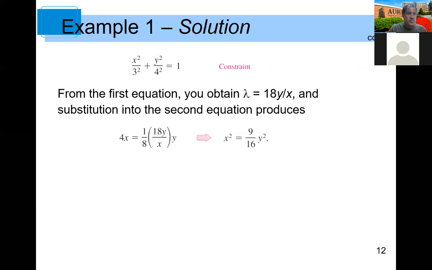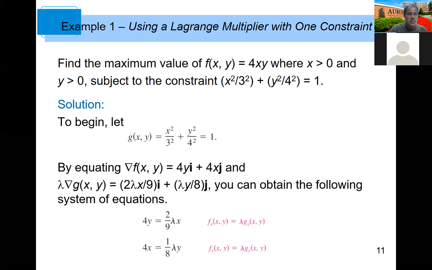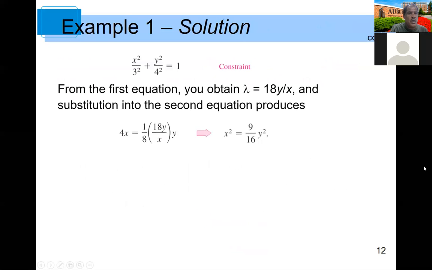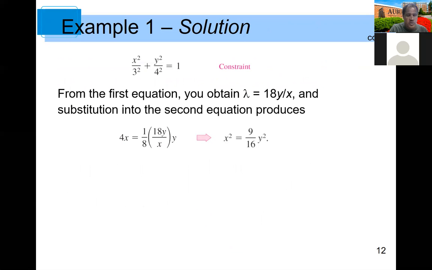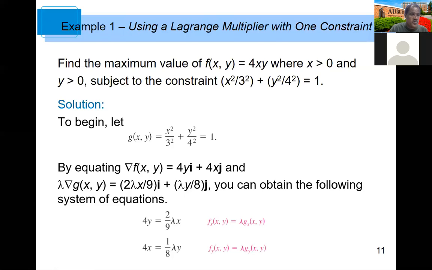Now we can solve, okay? From the first equation, let me go back. From this equation, you can solve for x in terms of y, and put it in here. No, I'm sorry, not solve for x, but solve for lambda. Solve for lambda from this equation and put that value of lambda in here.